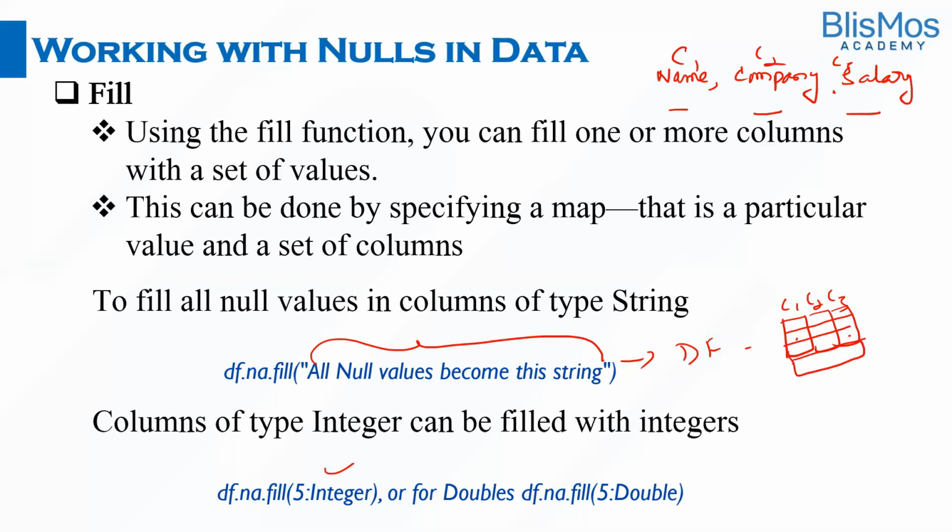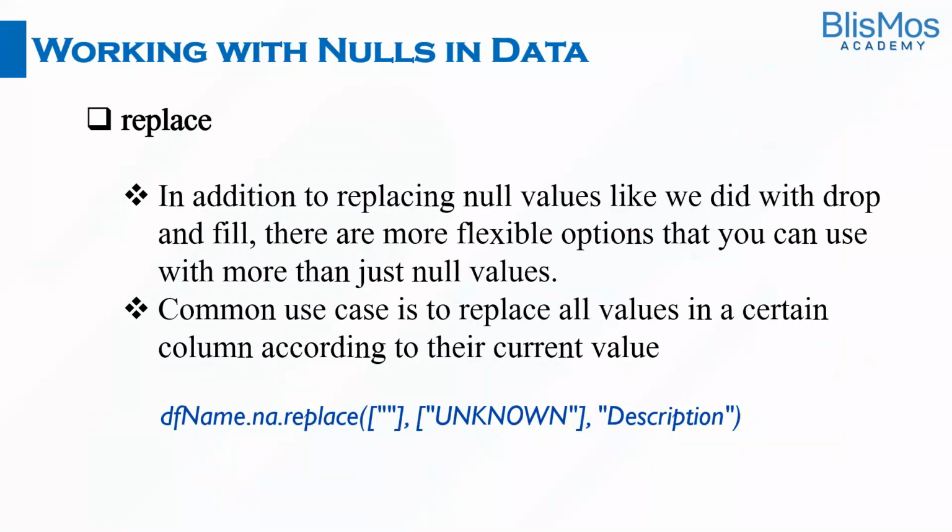Specify the integer you want to fill and provide the integer types. It can be integer type, it can be double type. The next important thing is, in addition to replacing the null values, like we did with drop or fill, there are some flexible options. One is to replace all values in a certain column according to their current value. You can also do this. You can see all these things as a part of our practical. Thank you.